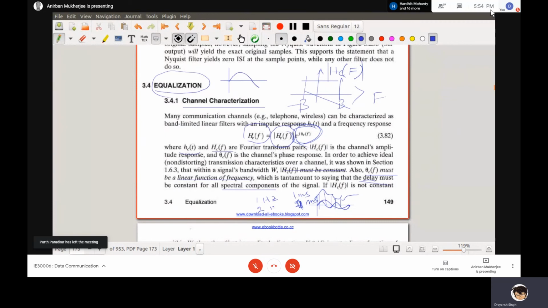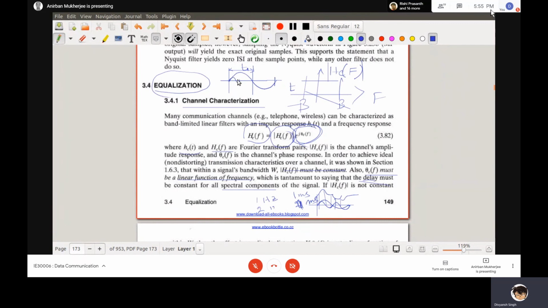Time delay being the same means, say this is my 1 hertz signal and this is my time. For some time T1 it has crossed 180 degrees, so the phase delay is 180 degrees. Now for the same time T1, what about the 2 omega component?